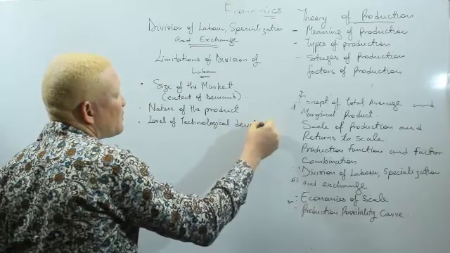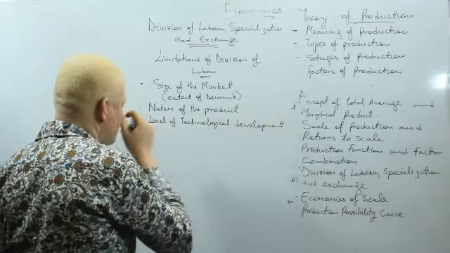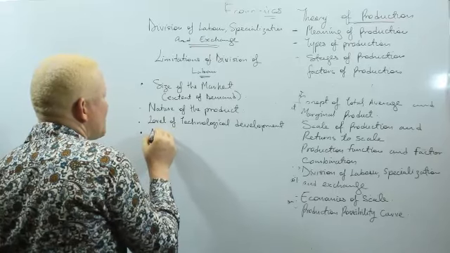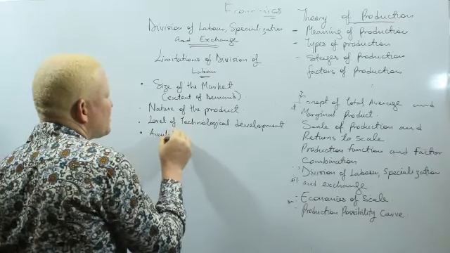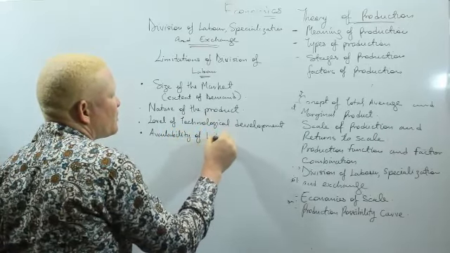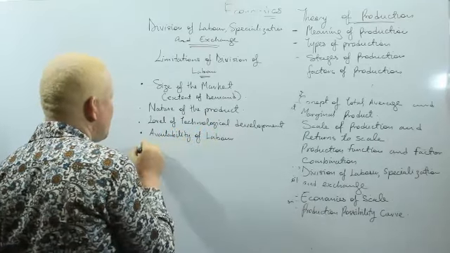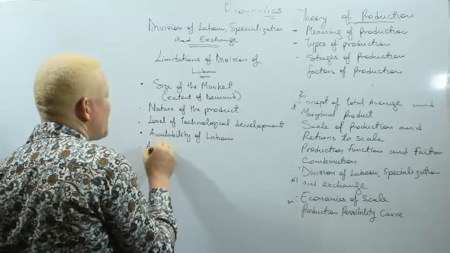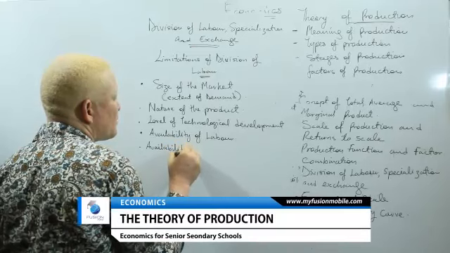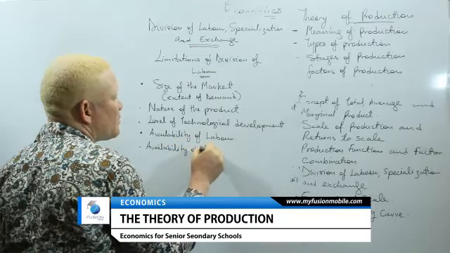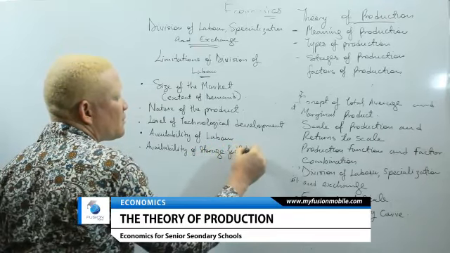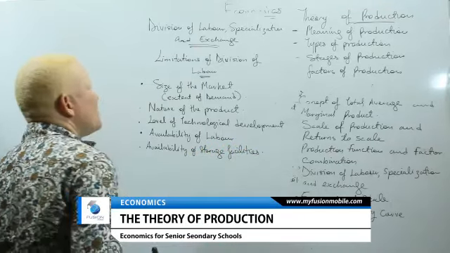Four, we talk about availability of labor. Five, availability of storage facilities.